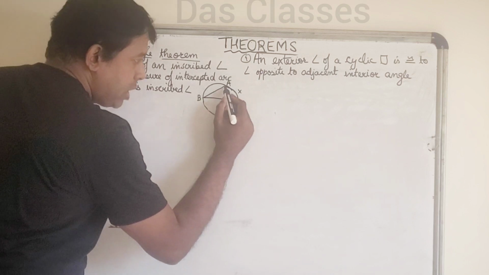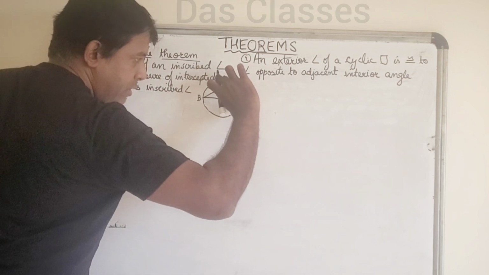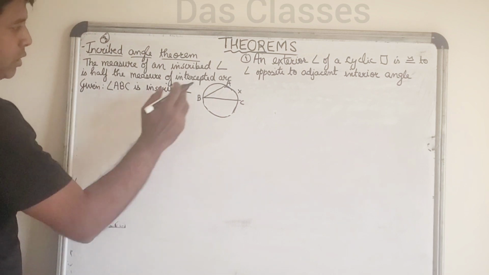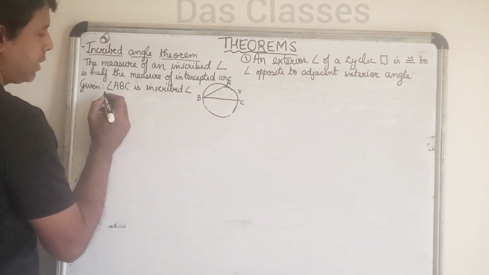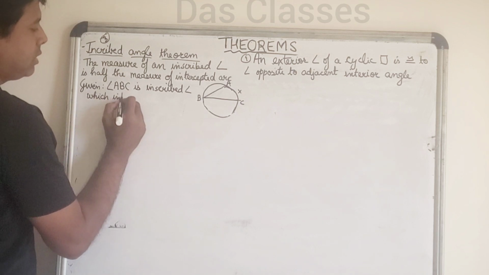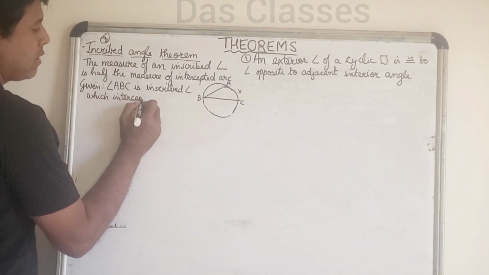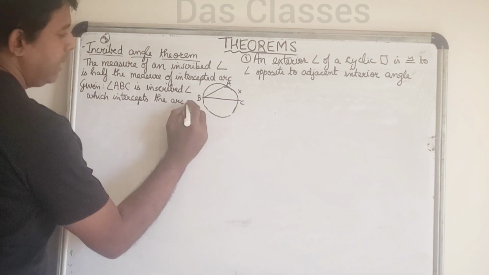Intercepted arc: the part which this angle cuts, that part of the arc, is called the intercepted arc. So over here angle ABC is the inscribed angle which intercepts the arc AXC.